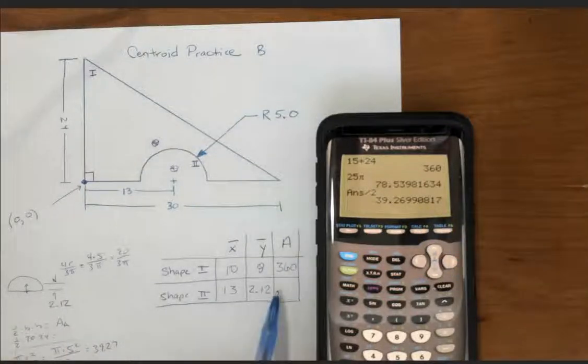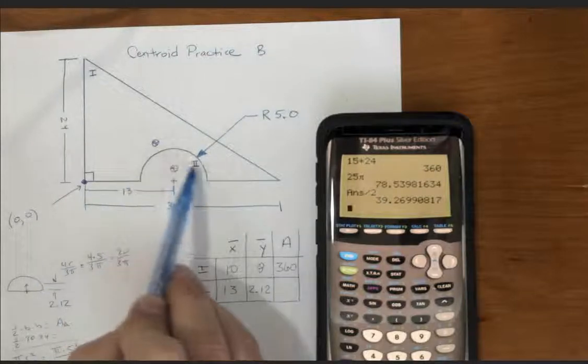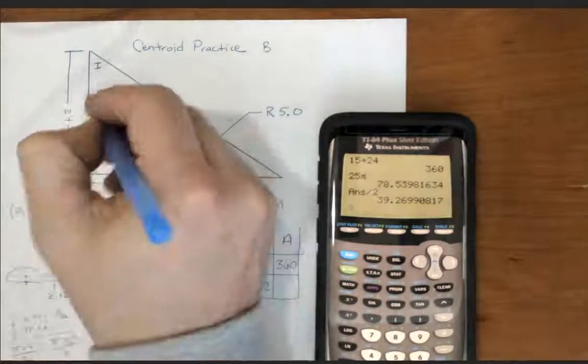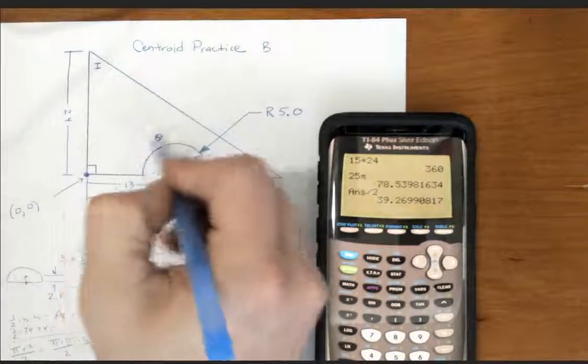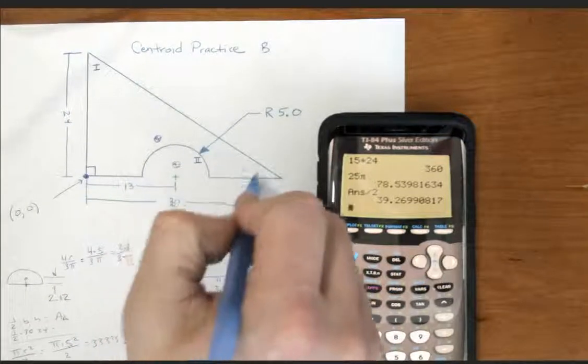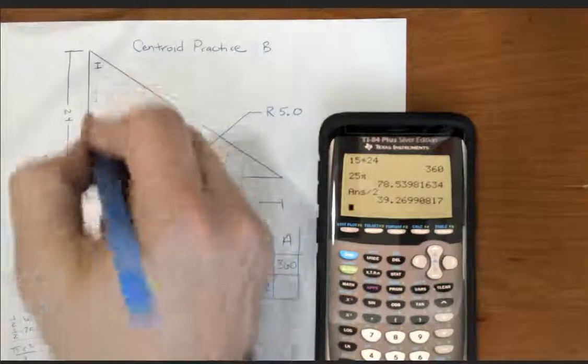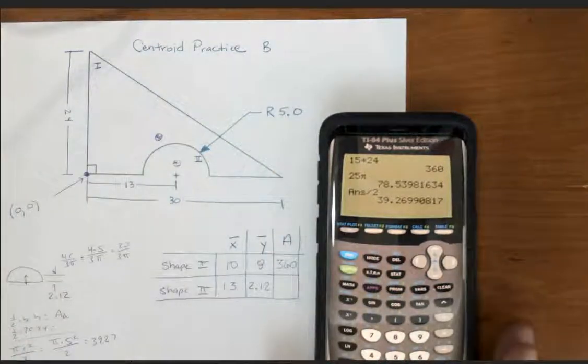But when I put it in the table, this is where I have to acknowledge that I've kind of taken a big region. Really, the material that I'm trying to find the centroid of is this, and the semicircle is not part of that region. It is a cutaway. It has been removed from a shape.